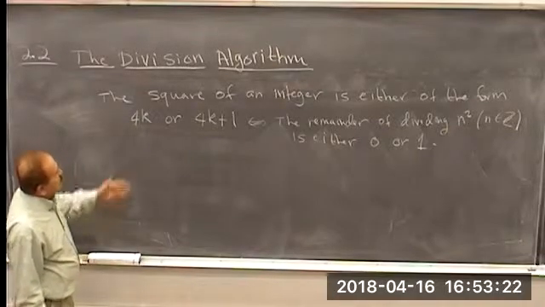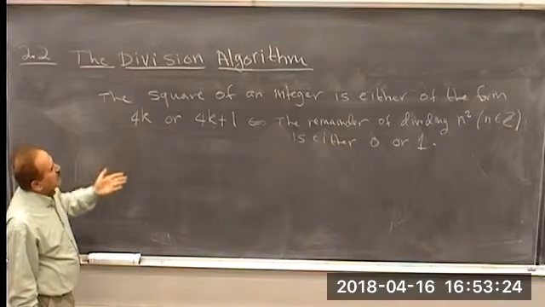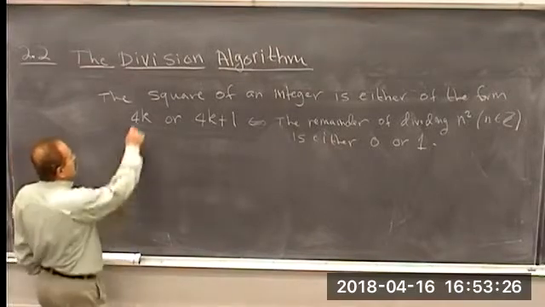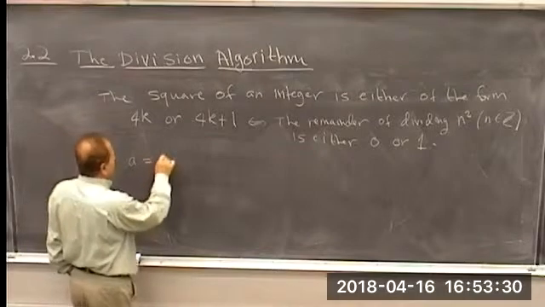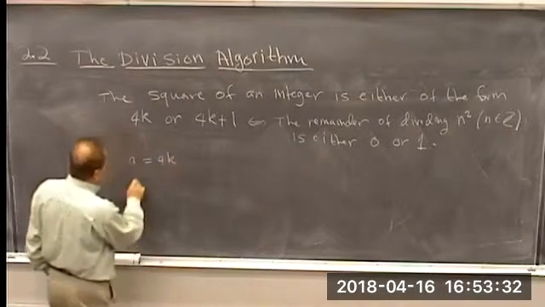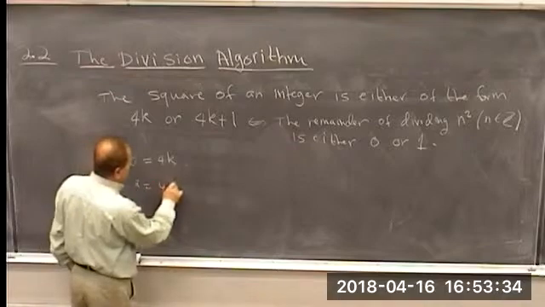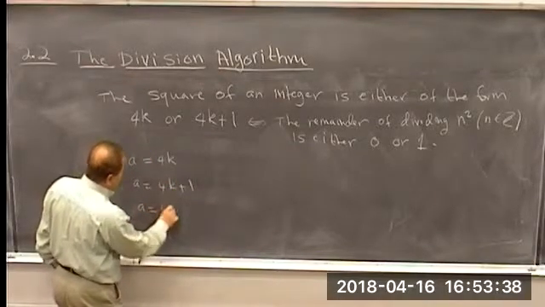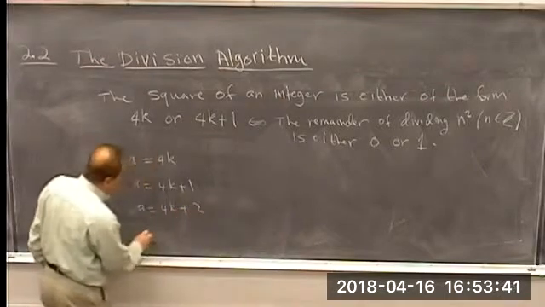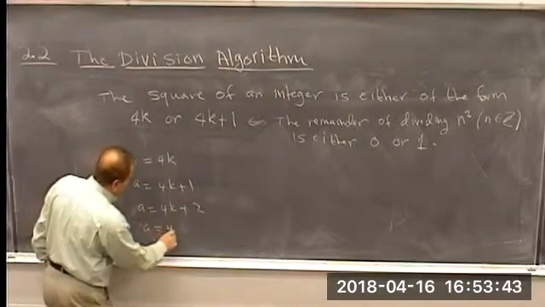So in this case, we're going to use the classification of the integers, so an integer A is going to be of the form 4k or 4k plus 1 or 4k plus 2 or 4k plus 3.